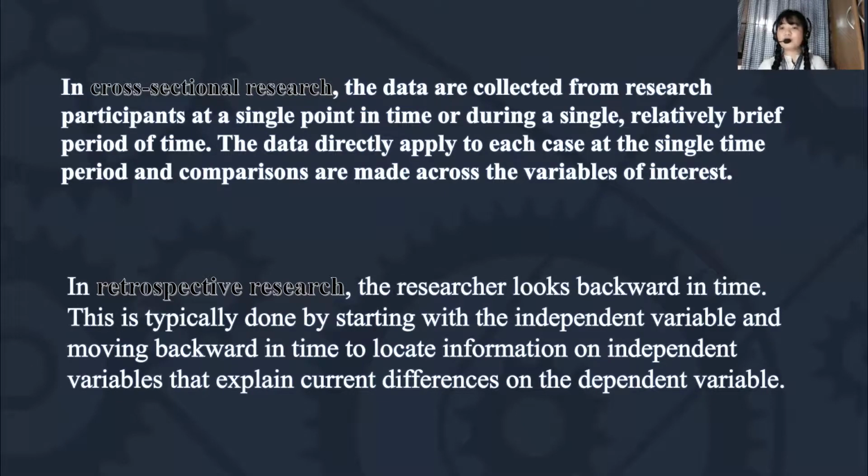In retrospective class, the researcher looks backward in time. So of course, you're going to collect past data and compare it with present data. An example would be you would like to compare what are the causes of diabetes in the year 2000, and also what is the cause of diabetes this year.